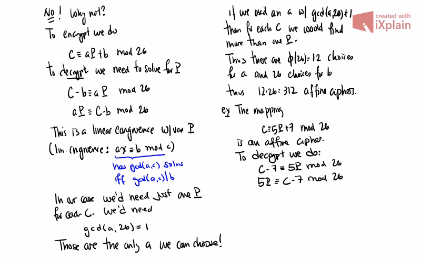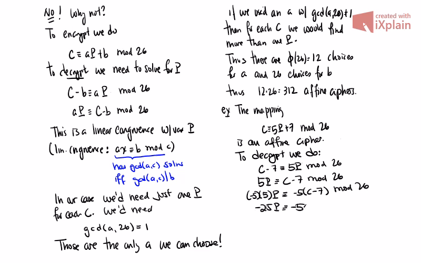So now I need to find, basically, because the GCD of 5 and 26 is 1, I know that 5 has a multiplicative inverse. We can find something to multiply by 5 to get 1 mod 26. So we could be sort of sneaky about this in this case. If we multiply it by negative 5, so negative 5 times 5 is negative 25.